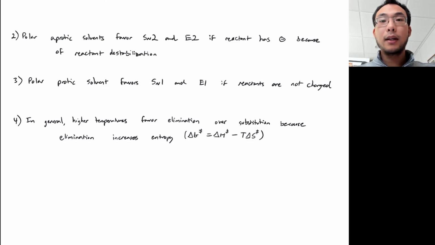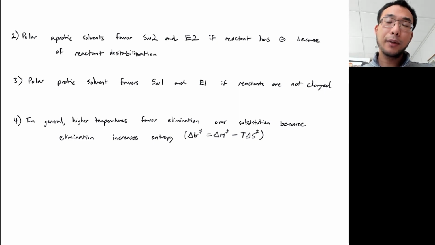As temperature changes, the relative contribution of the entropy term matters more at higher temperatures and less at lower temperatures. In a substitution reaction, we go from two reactants to two products: one is the leaving group, one is the substituted product.